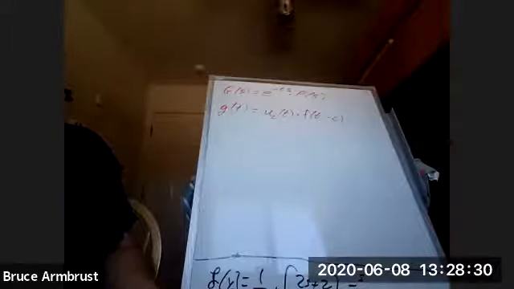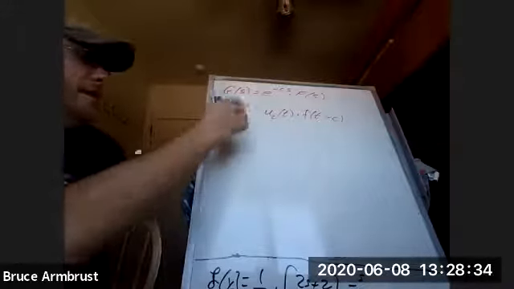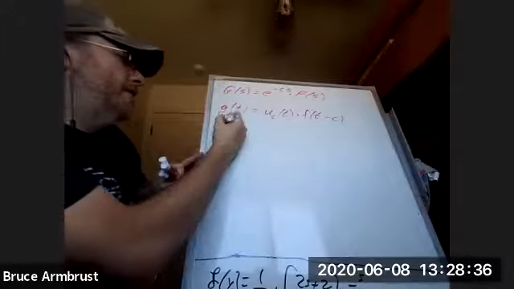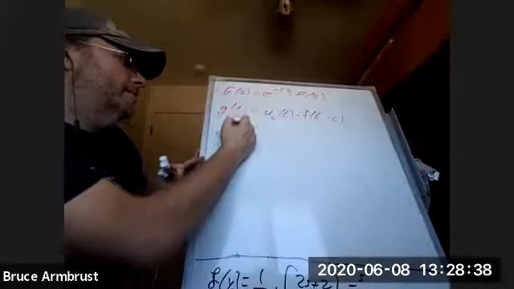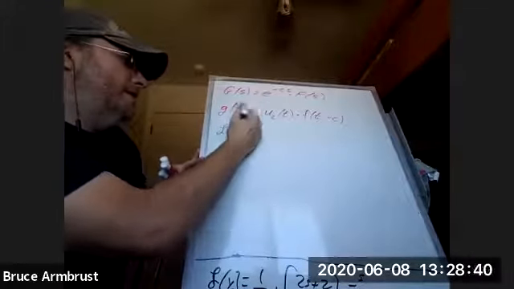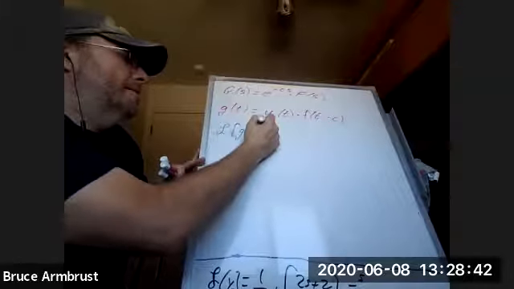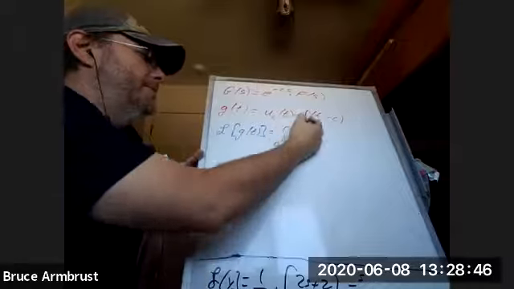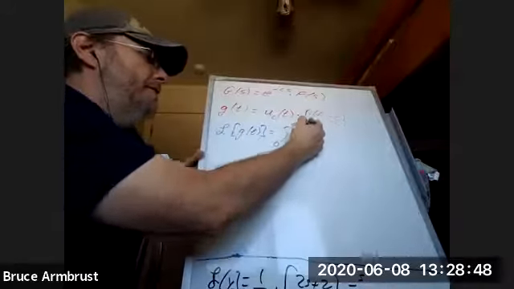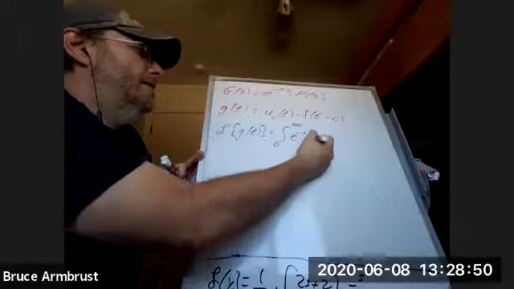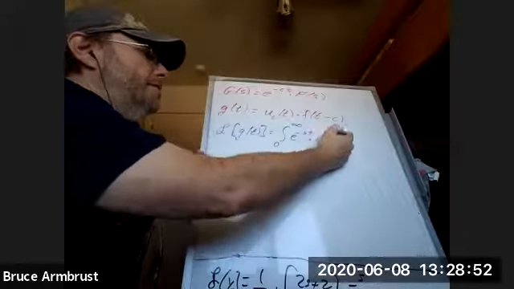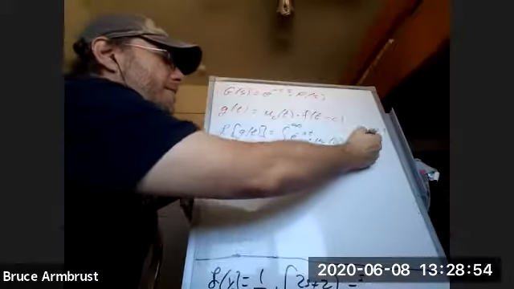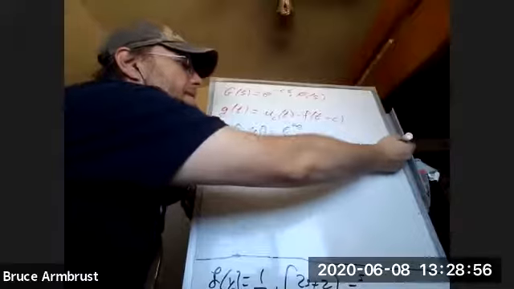Okay, now to prove this, it's actually pretty easy because you can again go to the Laplace transform definition. Let's take the Laplace transform of g of t. Well, that's going to be the integral from 0 to infinity of e to the minus st times u sub c times f of t minus c.